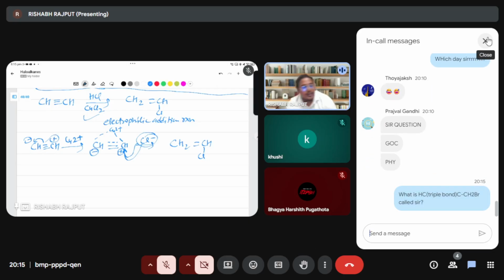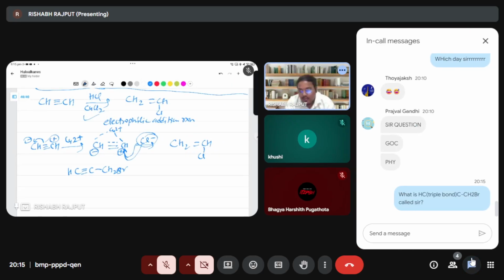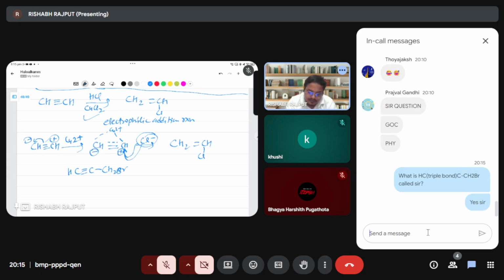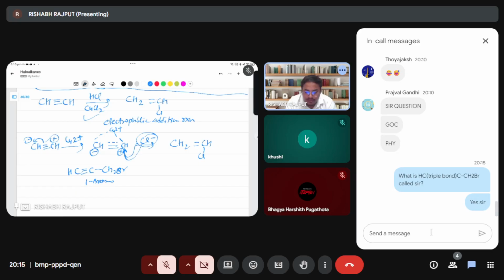I think SN2 after electrophilic addition is also involved in the hydrocarbon. Triple bond, CH2, Br. You are asking this now? One bromo, three carbon.